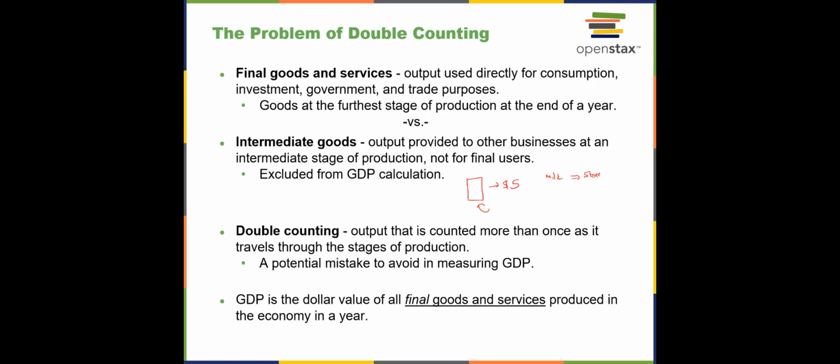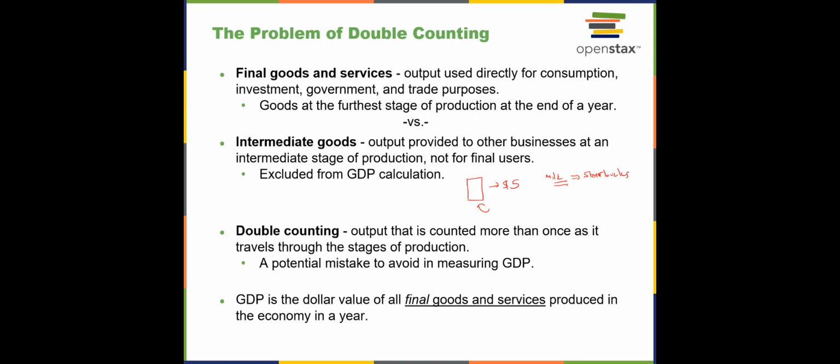You may think that this is business spending, but we shouldn't count the value of milk that Starbucks purchases, let's say from Kroger. The reason is that the value of the milk is already included in the price of the coffee. So in order to prevent double counting, we always include the value of final goods and services in the GDP calculation, not the intermediate goods. In this example, milk is an intermediate good.